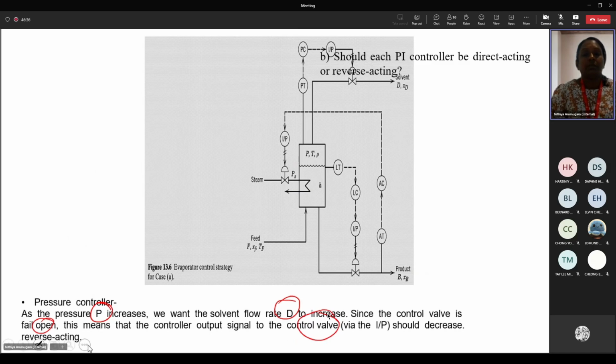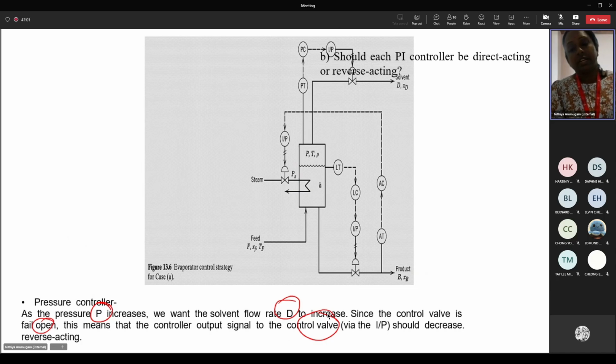So we call it reverse acting. The corrective action to reduce the pressure by increasing the flow rate must be taken, so that is the purpose of reverse acting.